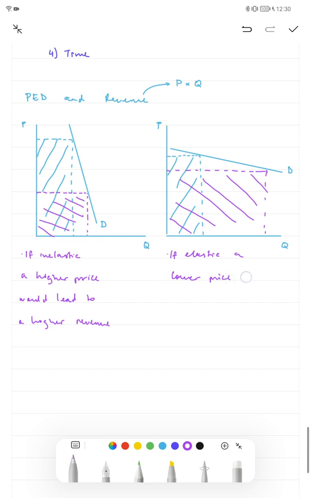So a lower price would lead to a higher revenue. Companies can use this to see how best to price their product and so on as well.